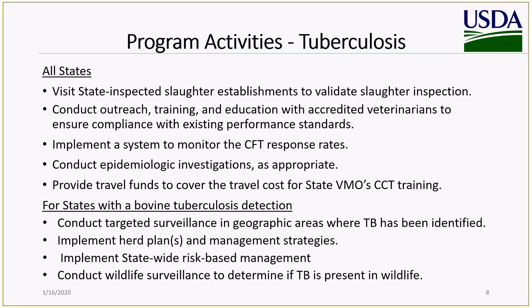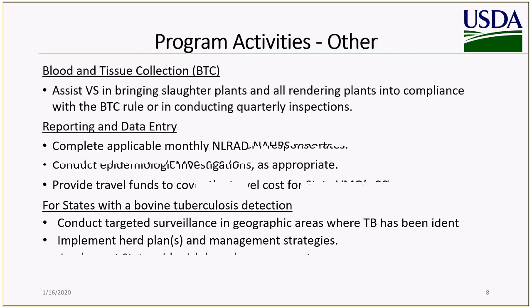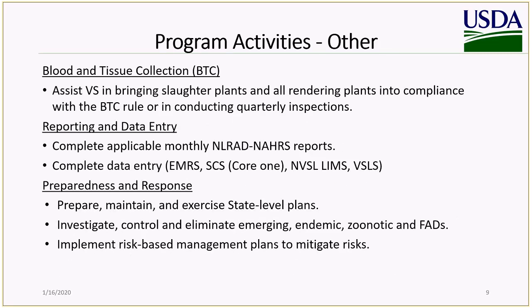Implement herd management plans and strategies, implement a statewide risk-based management plan, and conduct wildlife surveillance to determine if TB is present in wildlife. For other program activities, again, no changes here. Blood and tissue collection, we will expect the states to assist VS in bringing slaughter plants and all rendering plants into compliance with the blood and tissue collection rule, and in conducting quarterly inspections.